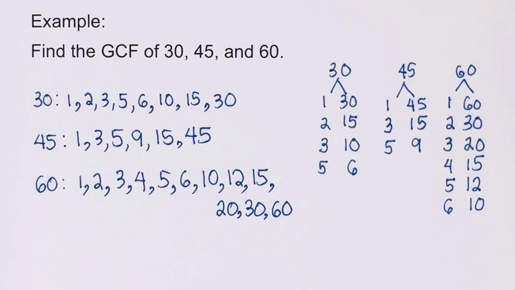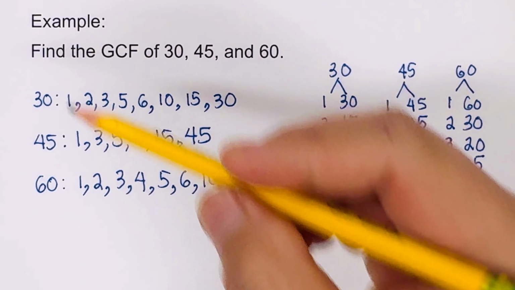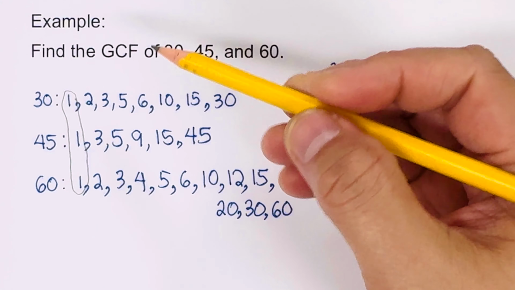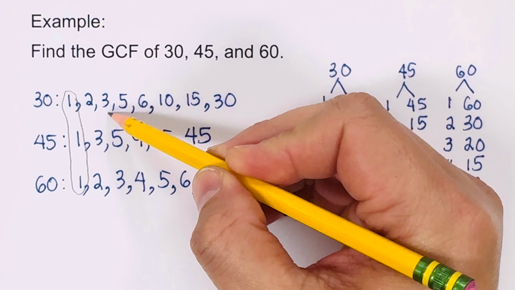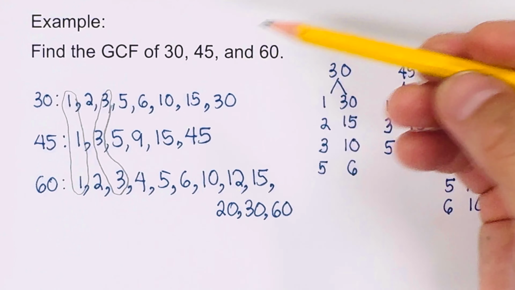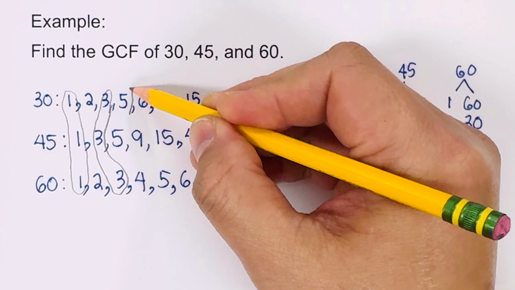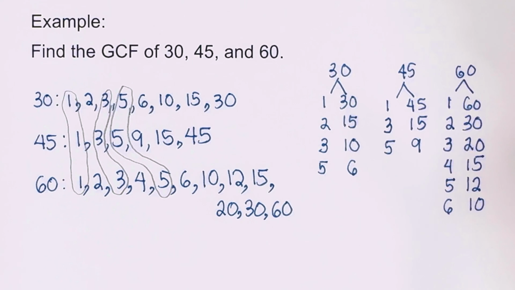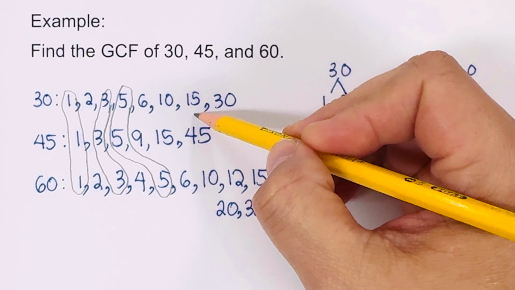Now we are going to find the common factors. First, we have 1 for all 3. We also have 3 for all 3. 2 is missing on 45, but we get a 3 and 3. 5 is also another factor for all 3. We also have 15, which is common to all 3.